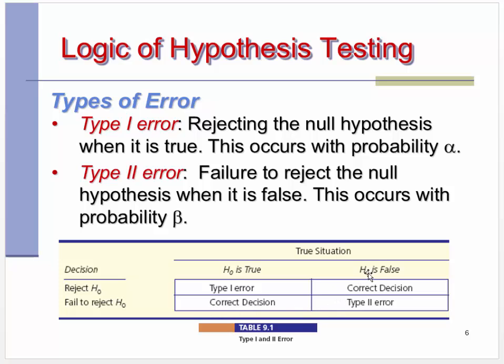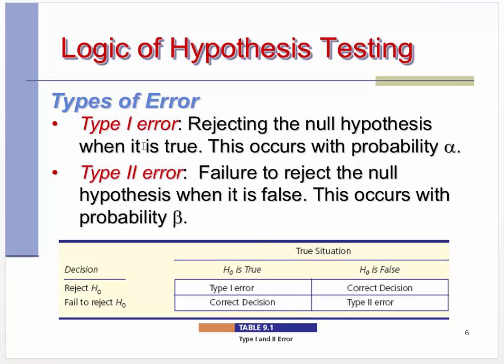On the other hand, if H0 is false and we reject the null, we made the right decision. That's correct. And if H0 is false but we fail to reject, we'll be committing a type 2 error. I'm using the criminal justice system as an example here as well. So again, what is type 1 error?